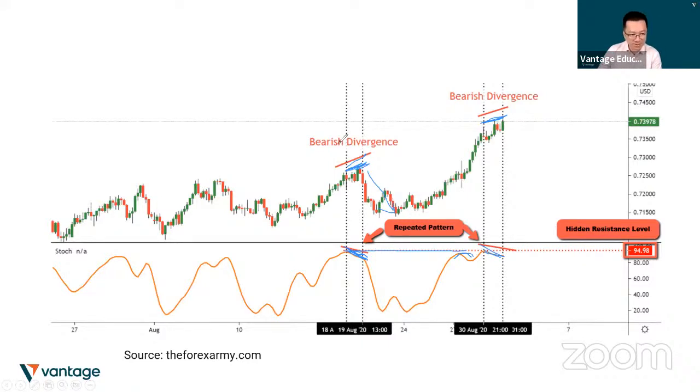It looks almost exactly the same as what happened here. That move towards the downside happened as the stochastic pushed back up. We saw price continue climbing, and then the bearish divergence occurred again, where we saw price pushing up but the stochastic pushing towards the downside.